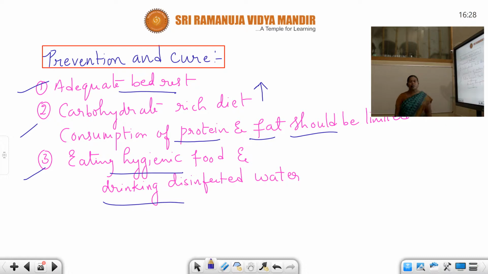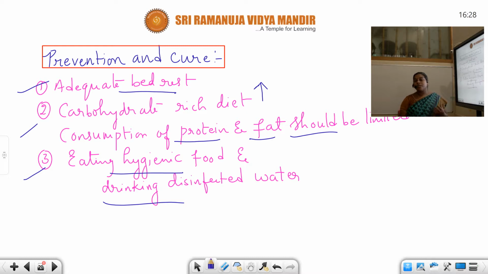So being in healthy and hygienic conditions, taking care of hygienic food and water, is the better solution for avoiding all sorts of diseases, students. That's the reason elders do not encourage us to always eat outside food. Our grandparents always used to prepare the food at home and serve it.